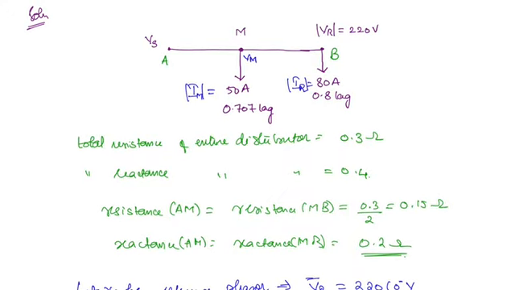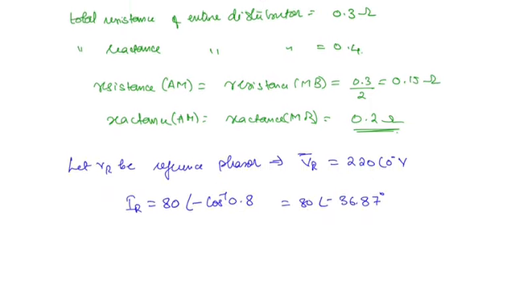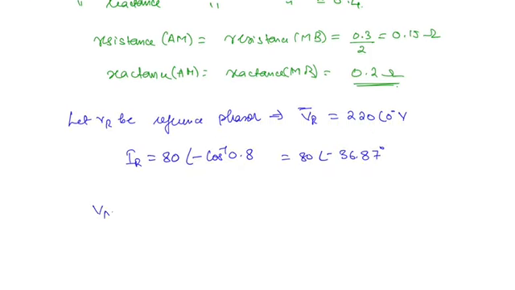Then the midpoint voltage, that is VM, will be equal to the drop across MB plus the receiving end voltage. So VM is equal to VMB plus VR. And what is the drop across MB? This is going to be the current into the impedance, which we know is 0.15 plus j0.2, plus VR.